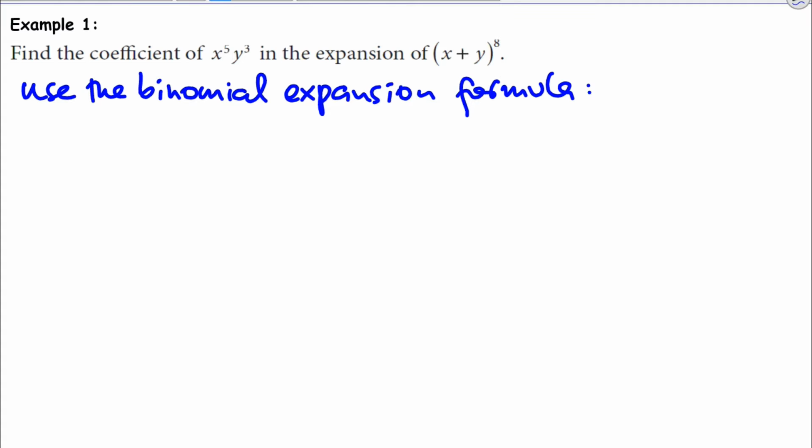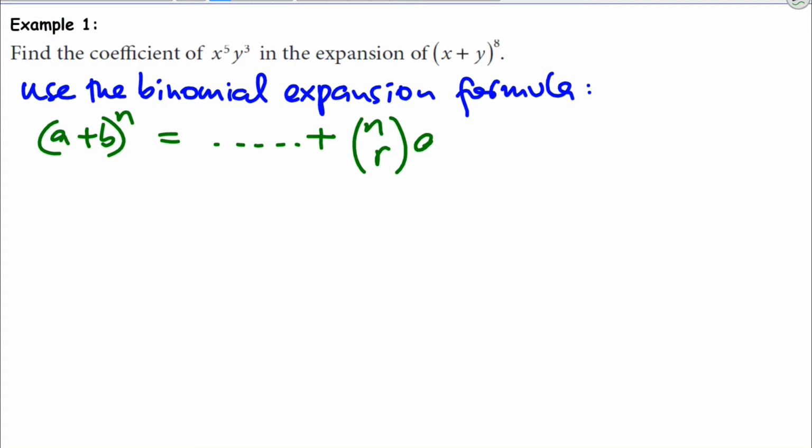It states that (a + b)^n equals whatever comes first plus the general term, which is nCr a^(n-r) b^r, plus whatever comes next.